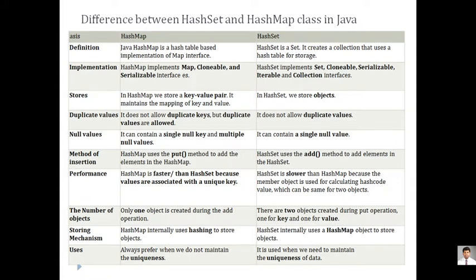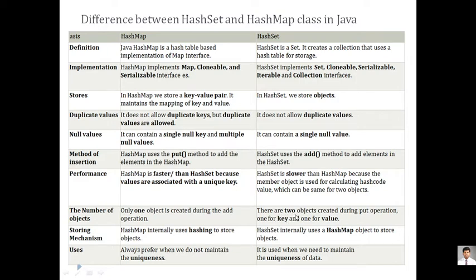Now what about the objects then? How many objects are created? So here in hash map, only one object is created during the add operation, only one object. Here in hash set there are two objects created. Internally, values, but keys are being created by the Java virtual machine.